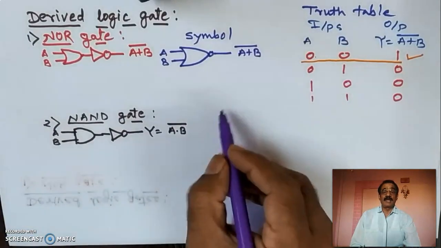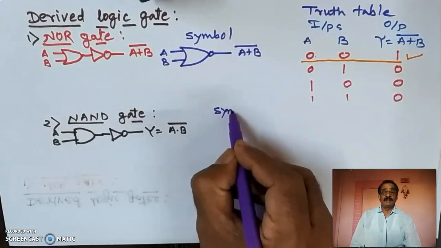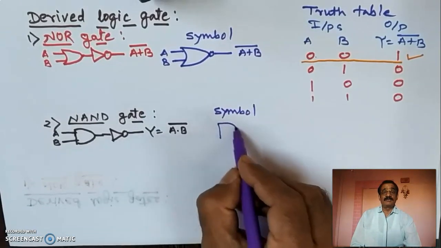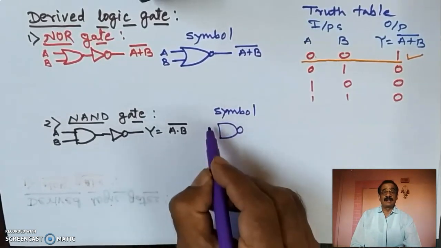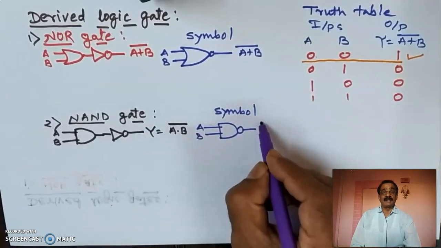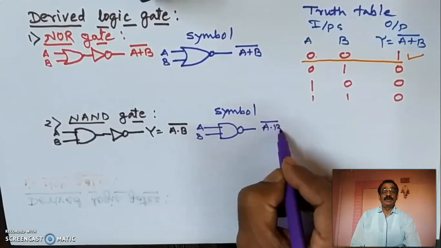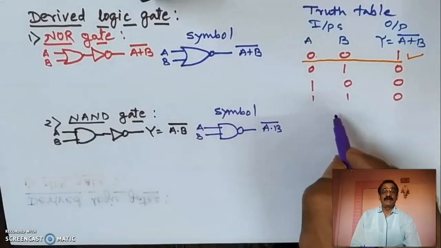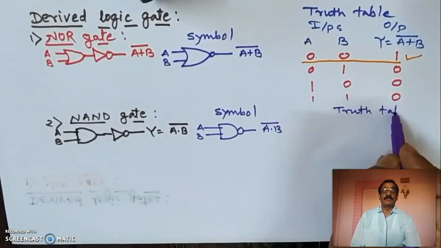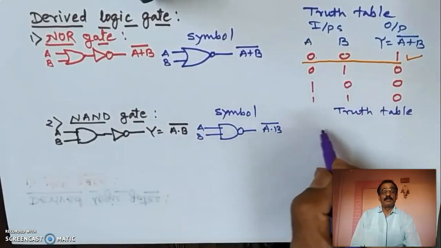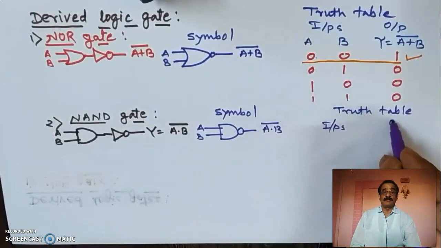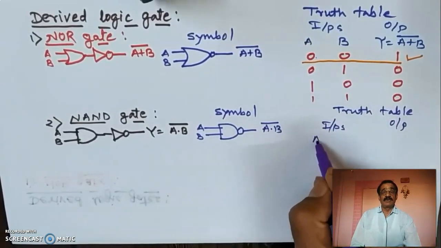Now truth table and symbol. So first symbol, draw the symbol of the AND gate and then connect a bubble to its output. This is the symbol of the NAND gate. And truth table of the NAND gate. It also has two inputs A and B and Y output. Complement of A dot B is its Boolean equation. So there are again four cases.